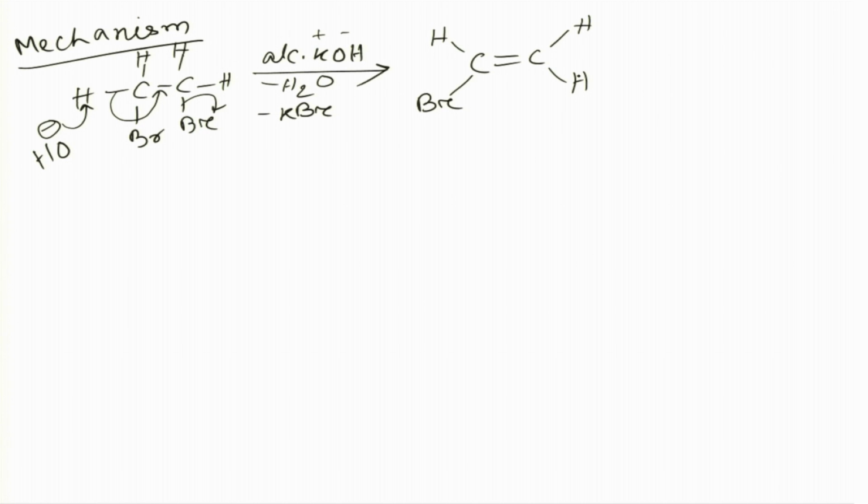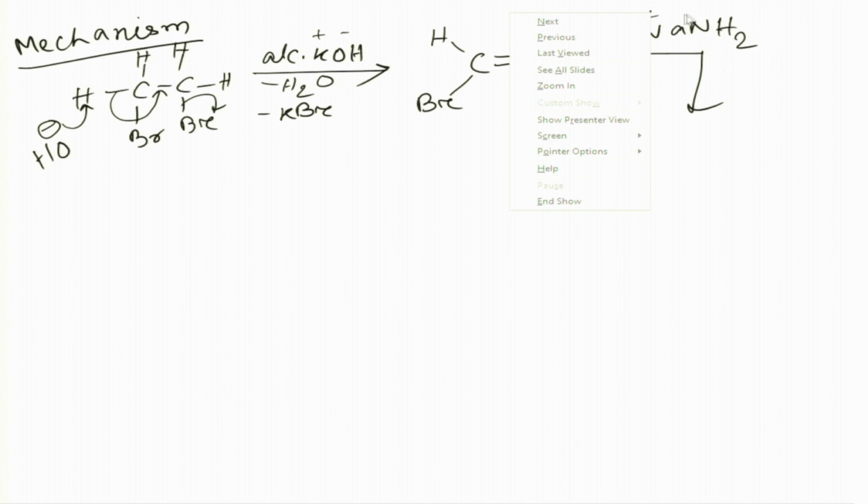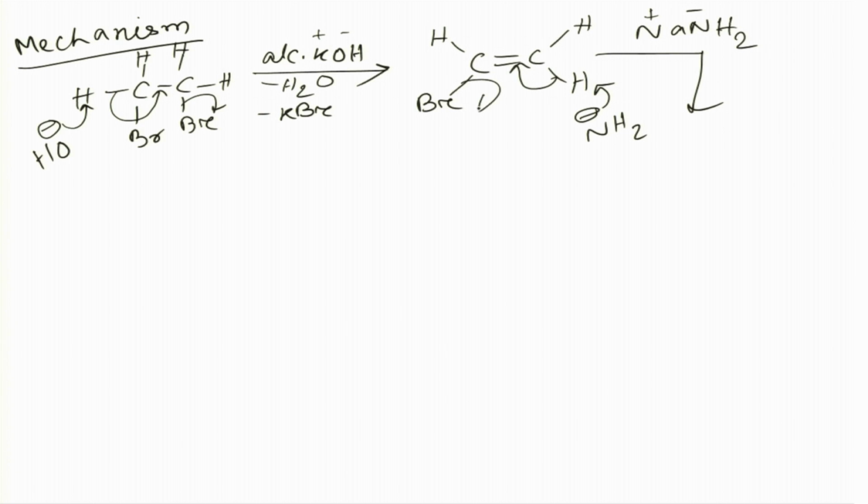Now, for the next step, one double bond has already formed, so we will not be able to abstract one more proton with alcoholic KOH. We need a stronger base. For this reason, we use sodamide, which has Na plus and NH2 minus. NH2 minus will take up one hydrogen, this bond breaks and bromine is liberated.